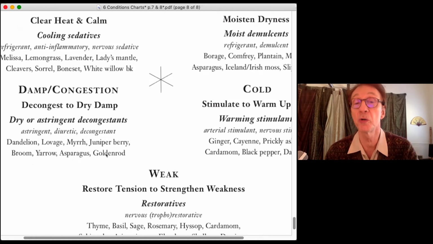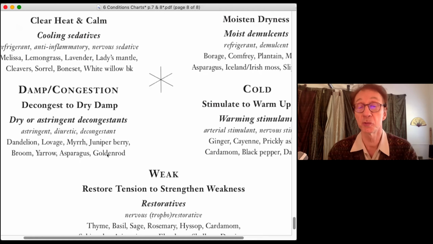Goldenrod is also trophorestorative to the kidney organ, by the way. Very, very good for toning and strengthening kidney function in the long term. An excellent kidney cleanser, like cleavers as well, Galium.